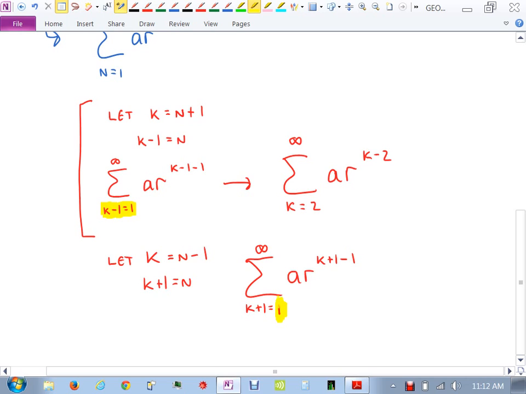I had put n. So k equals 0. And that's the sum, right? Isn't that the same thing? K equals 0 to infinity, a r to the k. 1 minus 1 is 0.